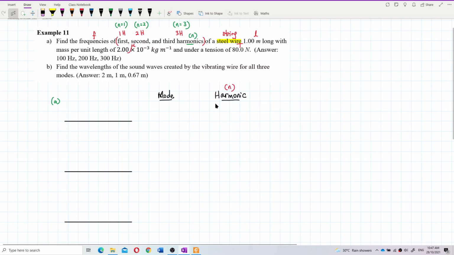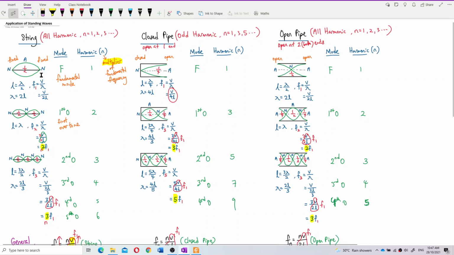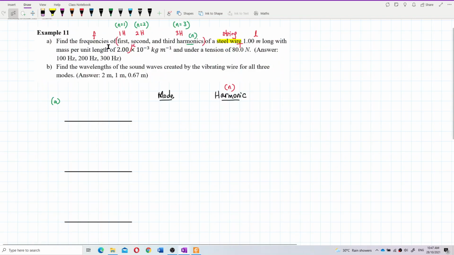So you remember that string always starts with this half wavelength, node to node. Always remember the first one, then you can draw the rest. Understand? So this is the node, from node to node. This is the half wavelength.